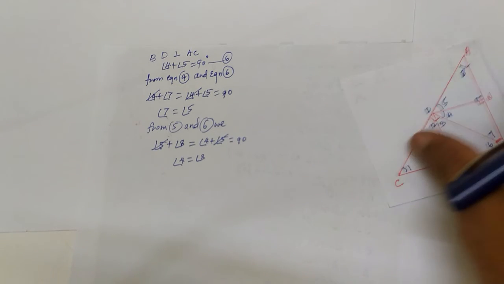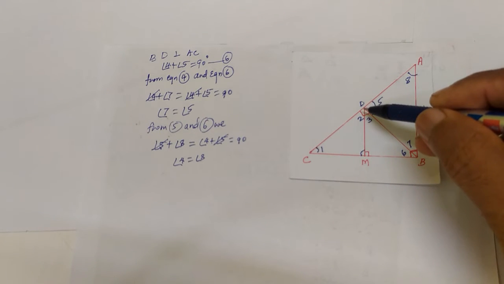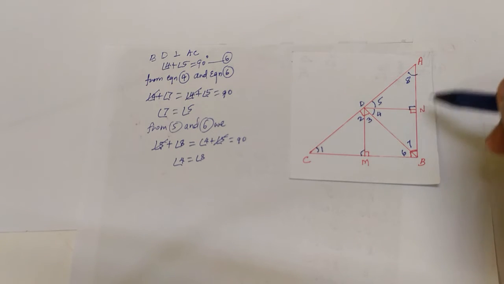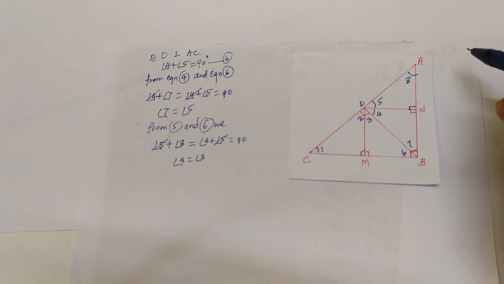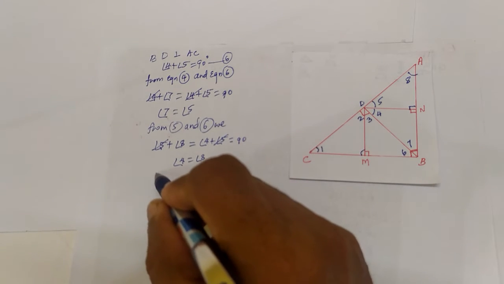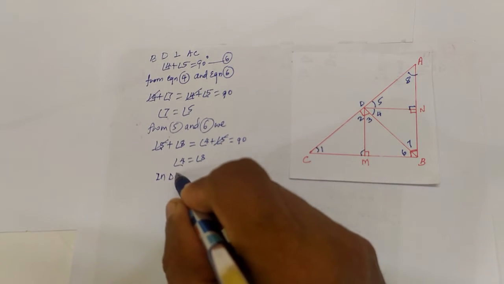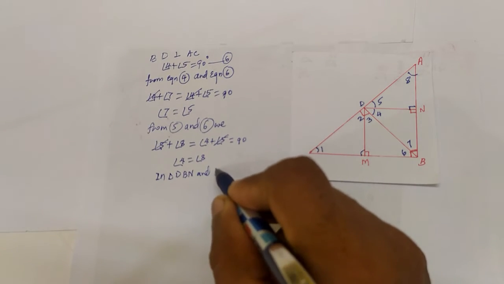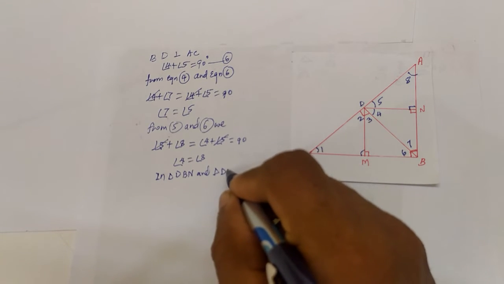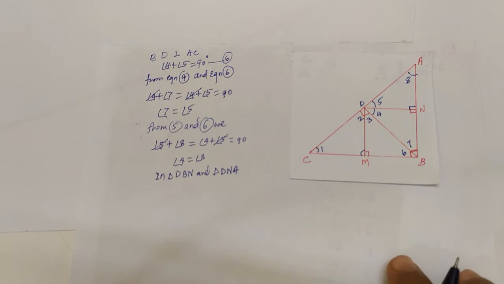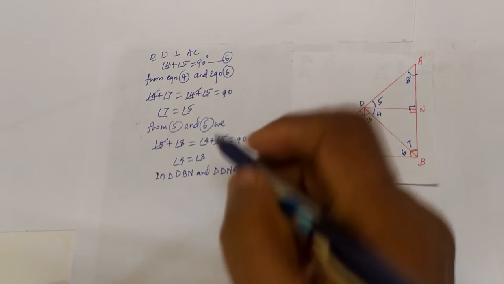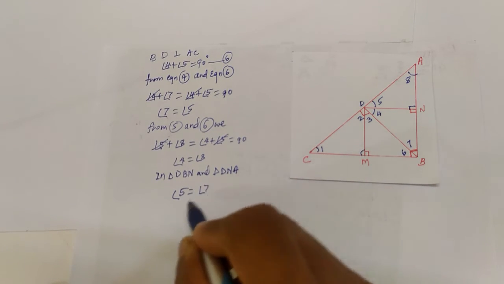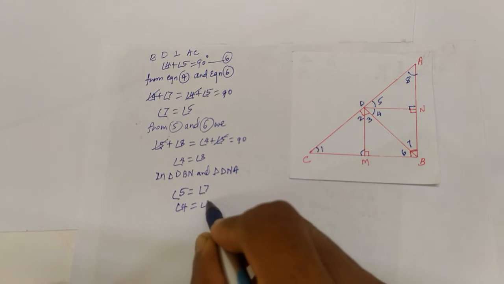We'll take these adjacent angles, DBN and DNA. We'll take triangle DBN and triangle DNA. We have got these statements: angle 5 is equal to angle 7 and angle 4 is equal to angle 8.